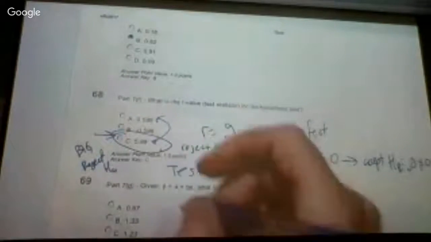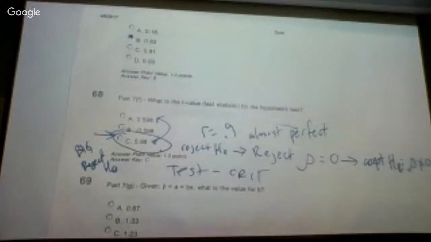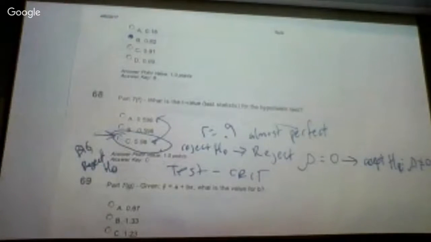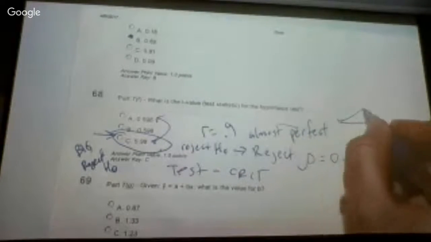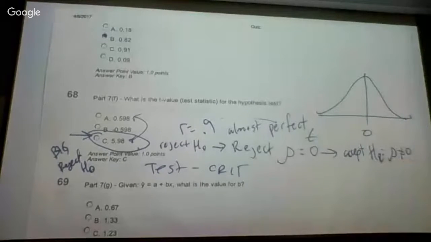So in terms of evidence, is it strong or weak? That is very strong evidence to reject the null. That's also in terms of the standard normal distribution for a t-value. 0 is in the middle.